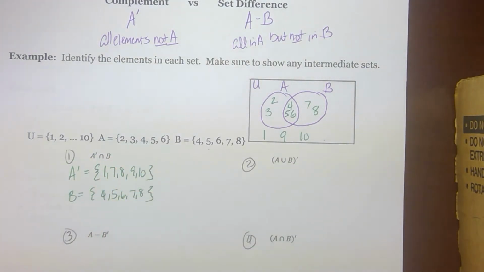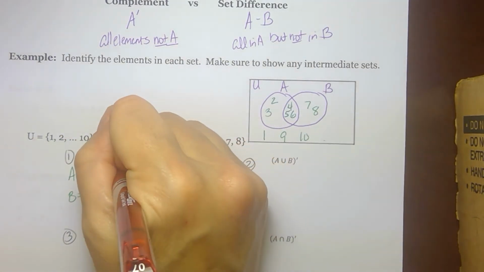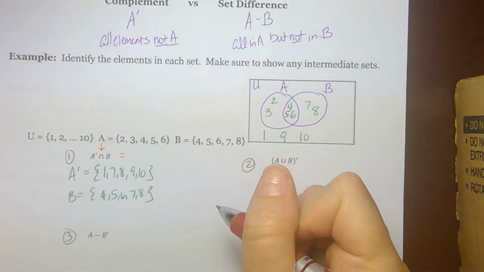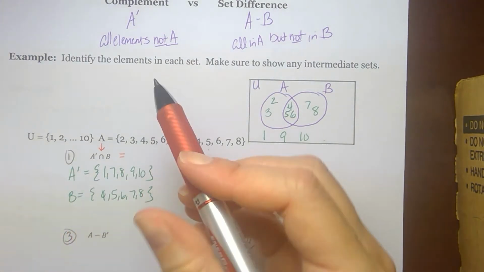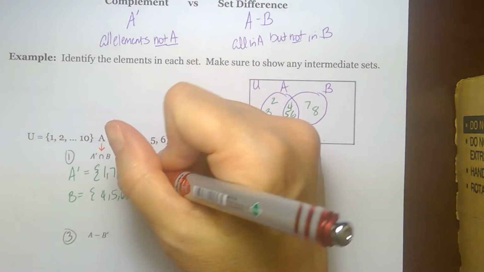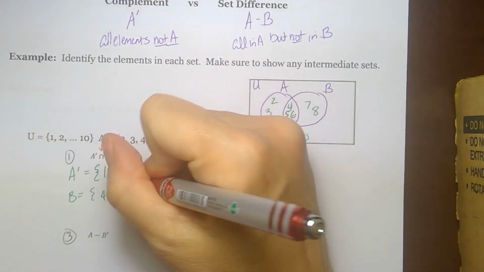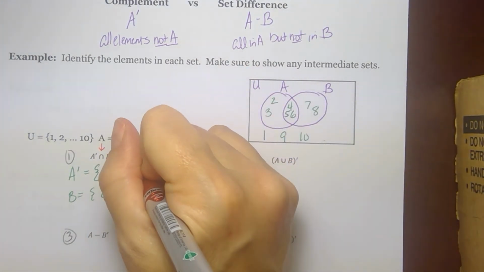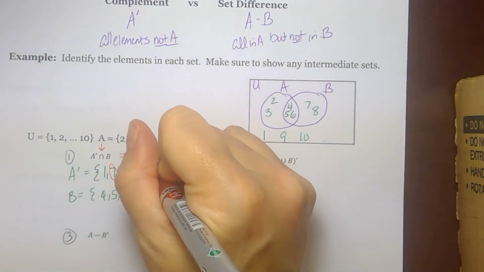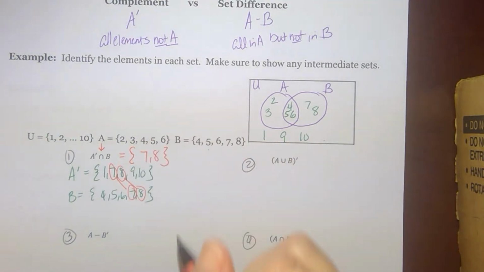The question I'm being asked is the intersection, the and, what is in both not A and B. So I'm looking for elements that are in both lists. I see that 7 is in both lists, and 8 is in both lists. So the intersection of not A with B is the 2 elements 7, 8.